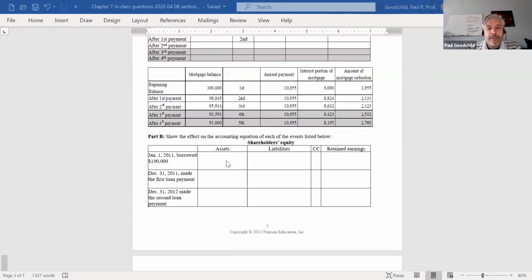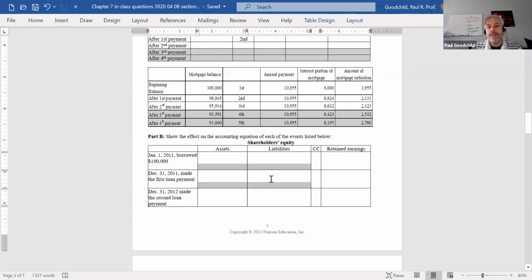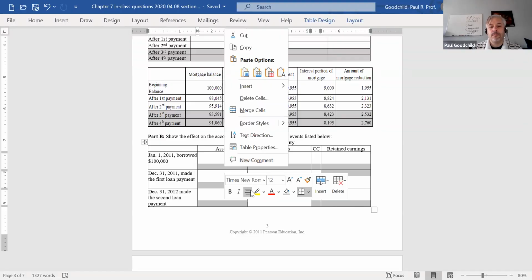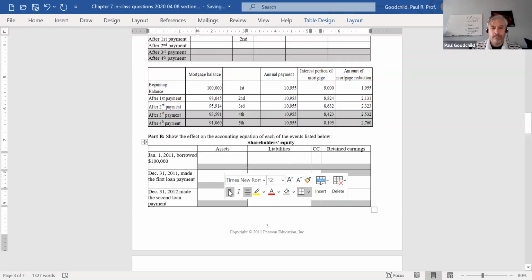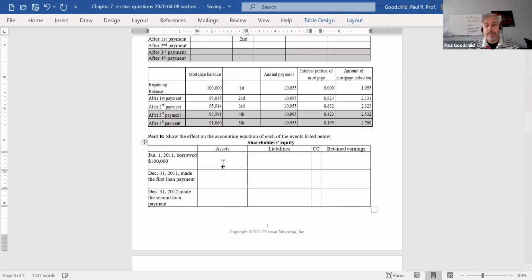Part B, show the effect on the accounting equation. So we borrow $100,000. That increases our cash by $100,000.